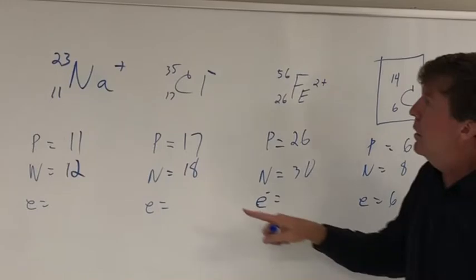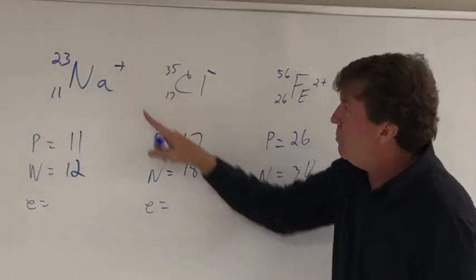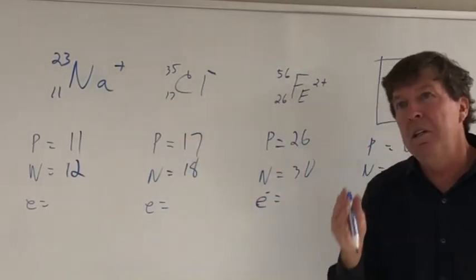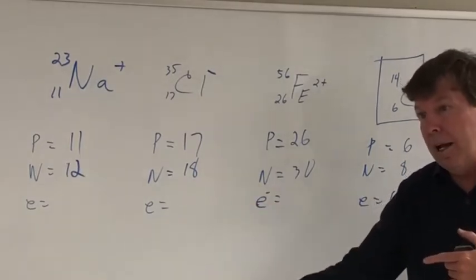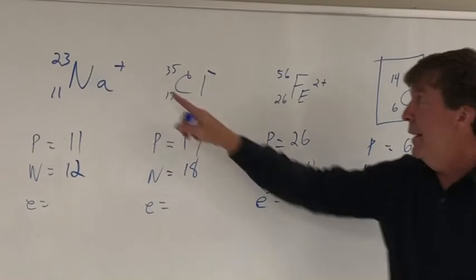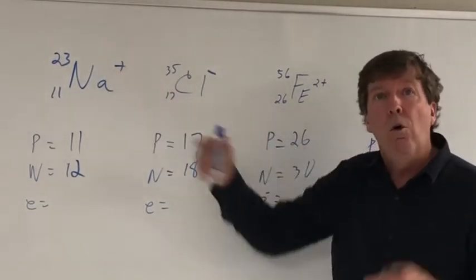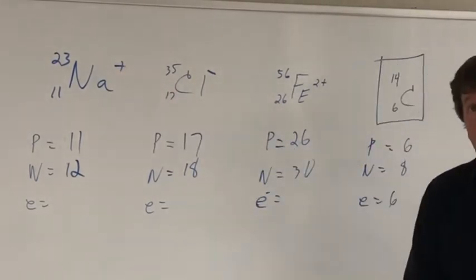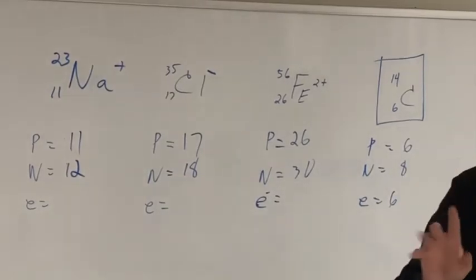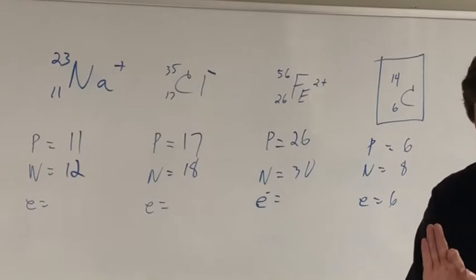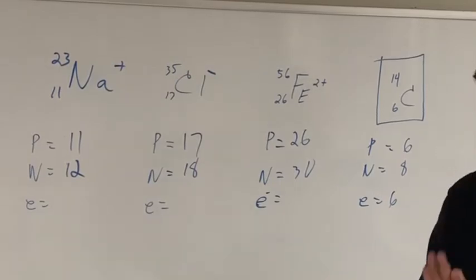But let's take a look at Na positive. What happened with sodium? Sodium gave an electron away, and now it has a positive charge. Why? It gave an electron away, and now it has one less electron compared to protons.